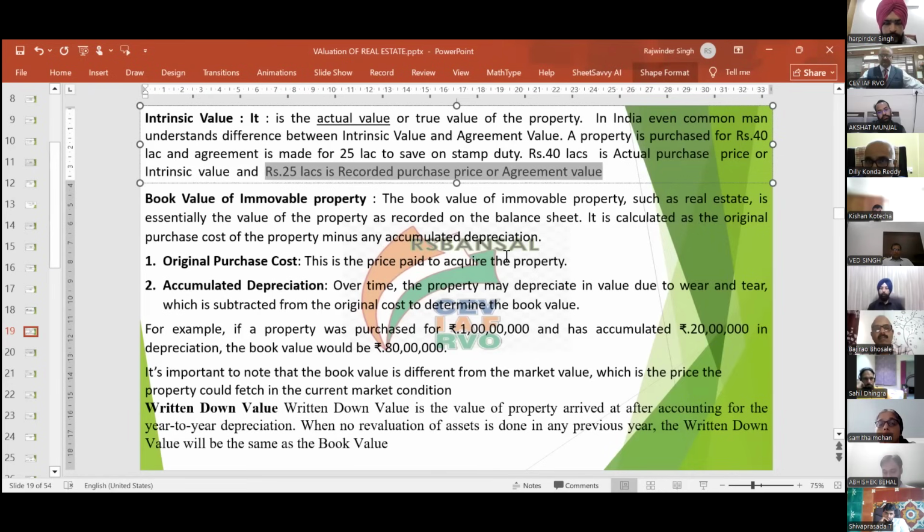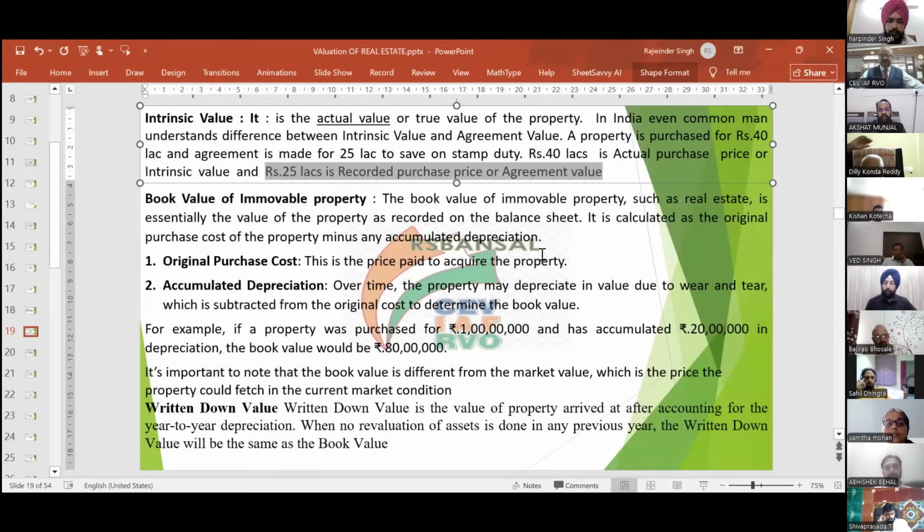Next is book value of immovable property. This is especially in case of industrial units. They have books of accounts. Let us suppose in 2020, they buy a machine for 20 lakhs.